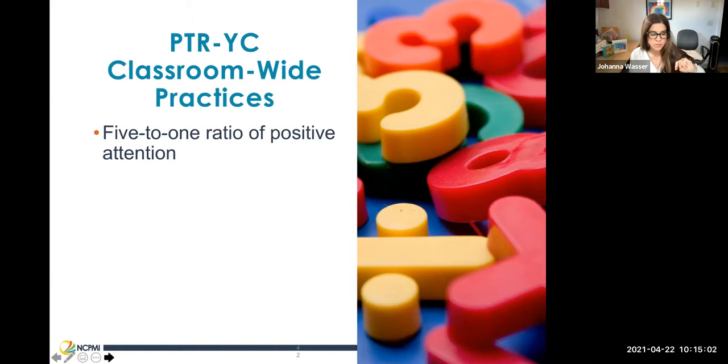This research comes from John Gottman's work out of Seattle. And he originally did this work around marriage and relationships with adults. And just so y'all know, this is just one of the ratios that came out, the 5-to-1 as being the optimal for a happy marriage.